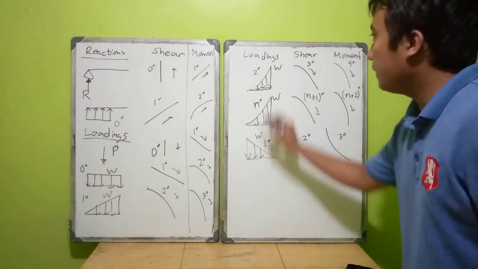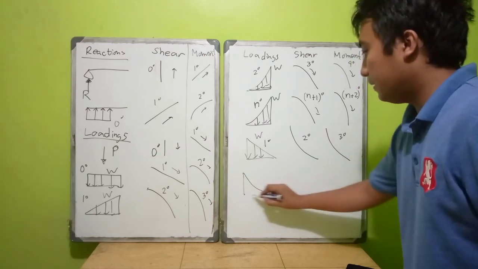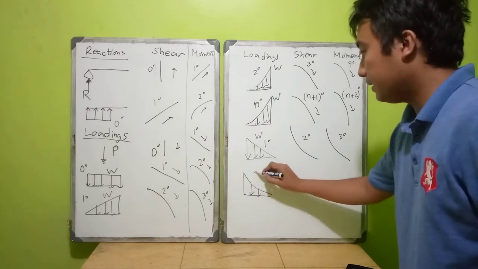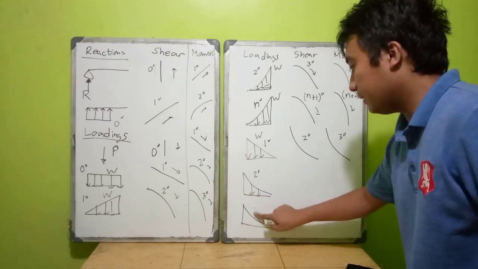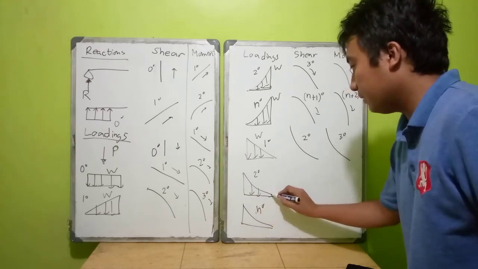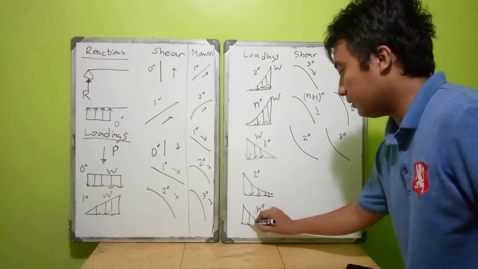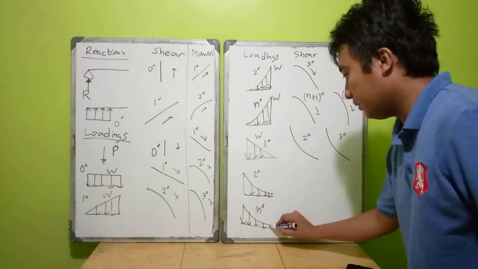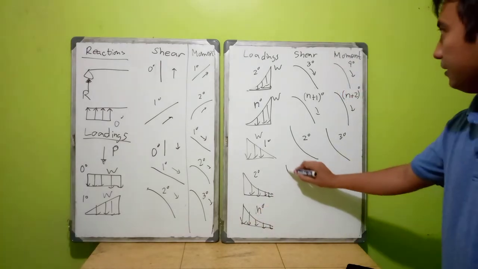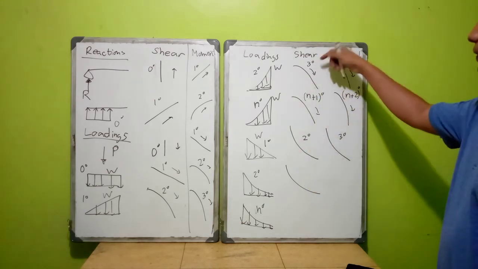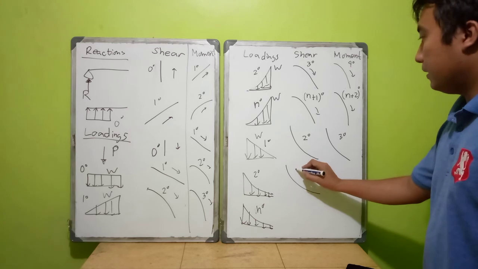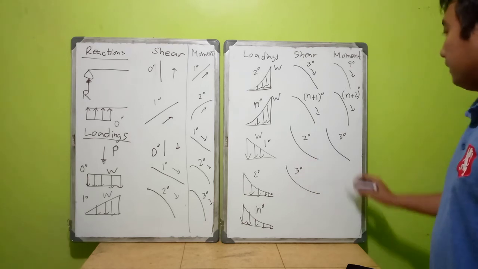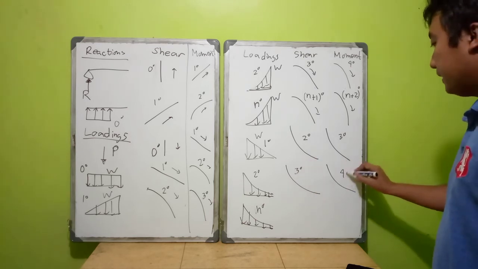Also if your loadings are 2 degrees and n degrees respectively, the stroke in your shear diagram will be 3rd degree, and for your moment it will be 4th degree.